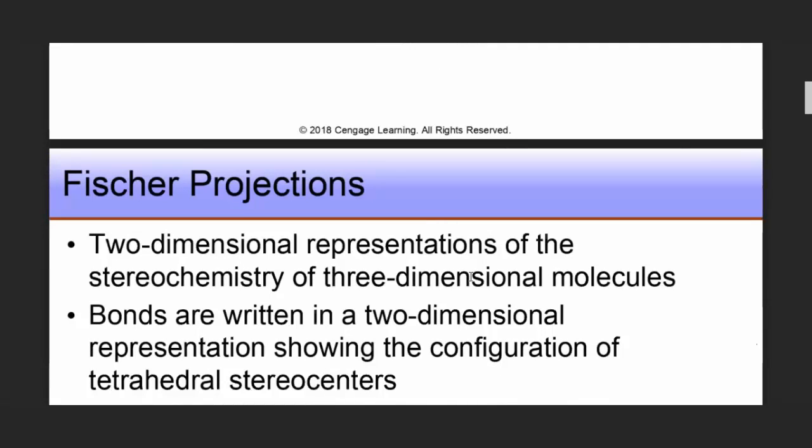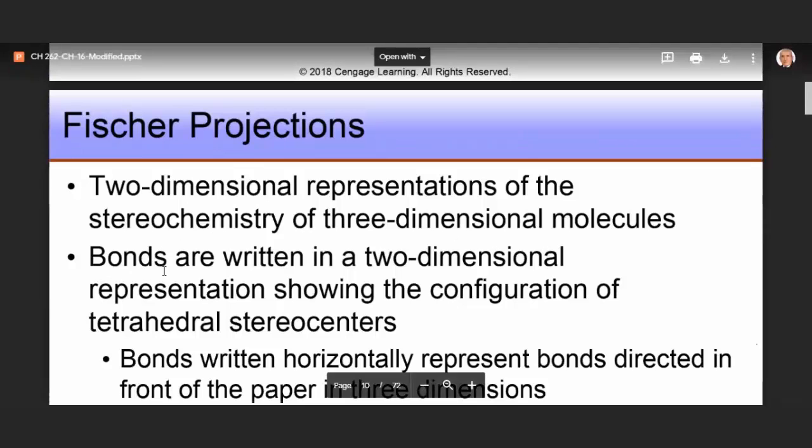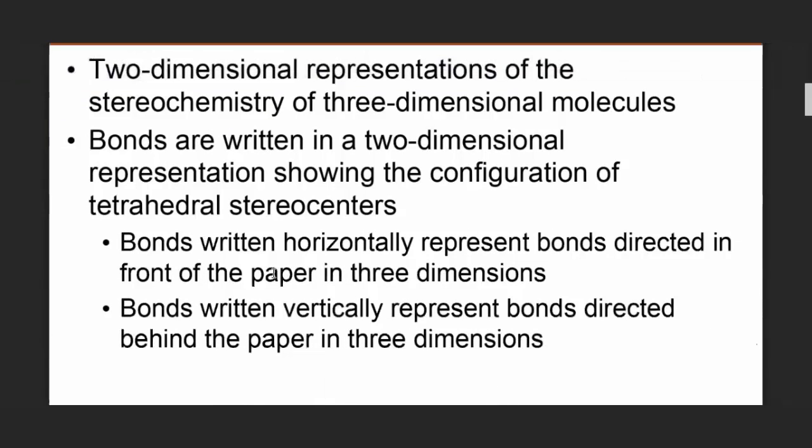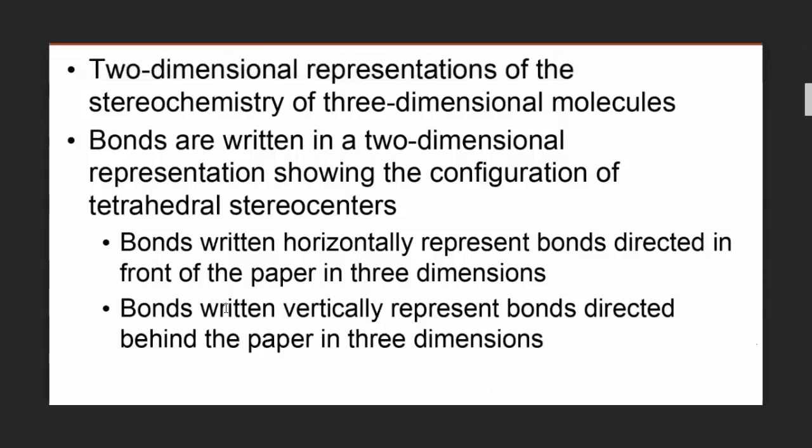Notice, Fischer projection refers to a two-dimensional representation of the stereochemistry of three-dimensional molecules, whereby bonds are written in two-dimensional representation showing the configuration of tetrahedral stereocenters. For example, bonds written horizontally represent bonds directed in front of the paper, whereas bonds written vertically represent bonds directed behind the paper.